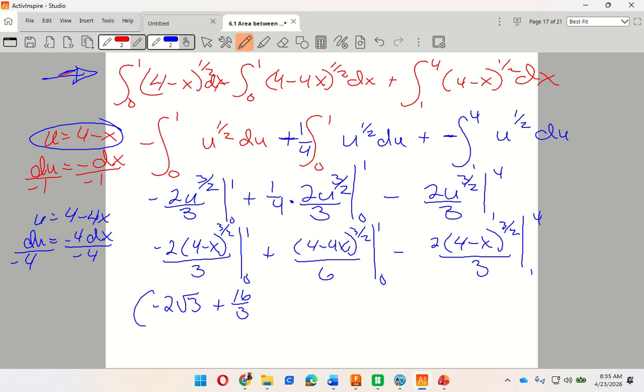That's that first part. Second part is going to be 1, so it's 0. Minus the lower bound, which is 2, 8 over 6. Minus this one, which is going to be 4 minus 4 is 0.